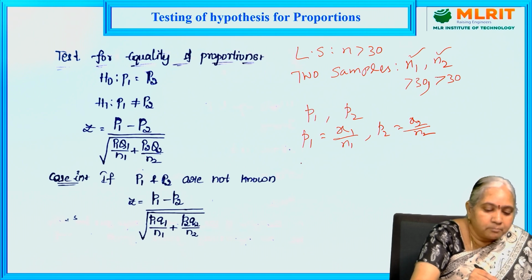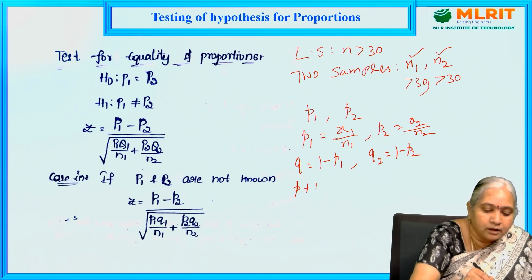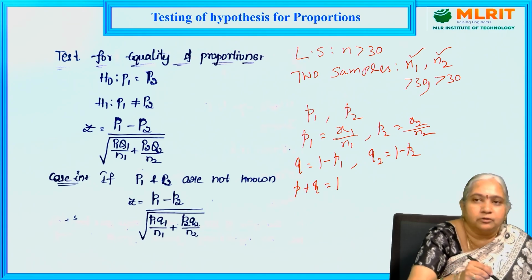Also q1 equal to 1 minus p1 and q2 equal to 1 minus p2, since p plus q equal to 1.